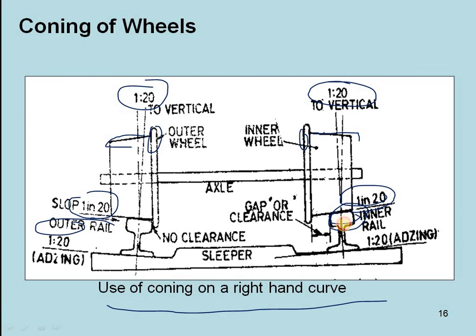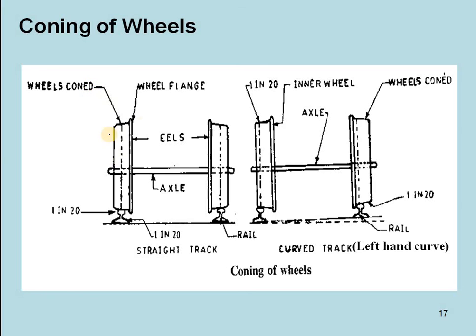This is the outer rail and this is the inner rail. Here no clearance will be there, it will be attached to the rail. Here you can see the axle, the 1 in 20 slope, the coned wheels and the wheel flange.